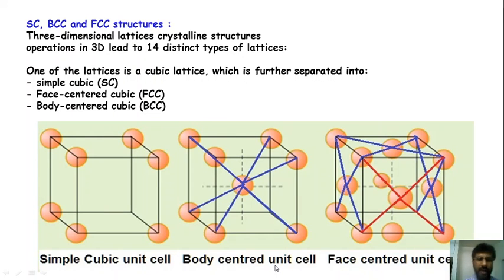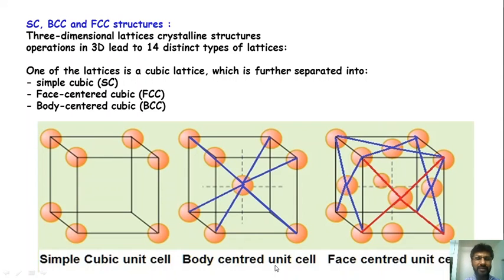Now in the case of the body centered unit cell, in this unit cell one atom is located at the center of the unit cell, and 8 atoms are at the corners of the unit cell.